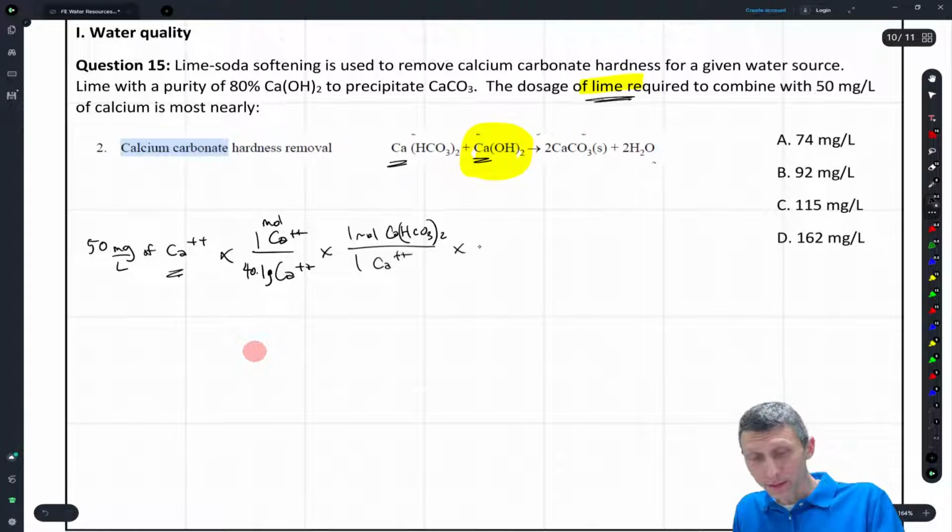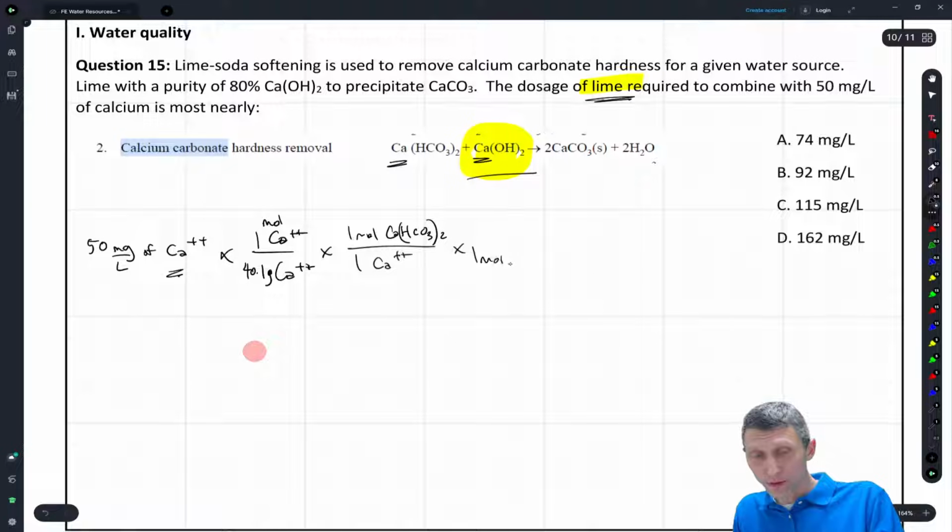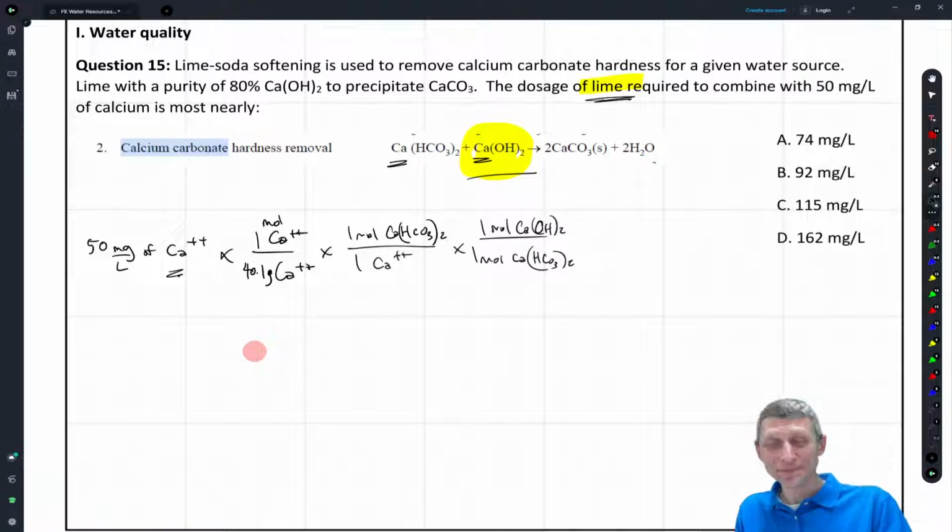And then we're going to multiply this. What we really want, though, is our hydrated lime here. So for every 1 mole of our calcium hydroxide, we have 1 mole of our lime. And then we need to keep going.